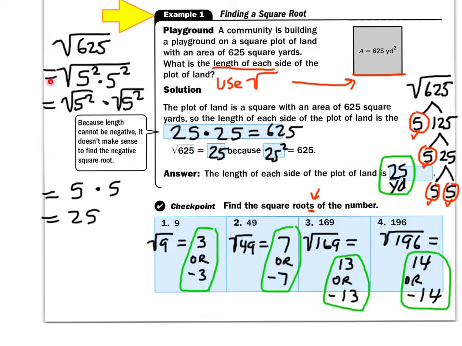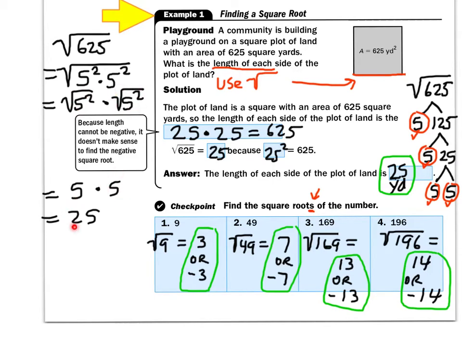So notice over here in the margin, I said, okay, the square root of 625 is the same as the square root of 5 to the second power. I just took 2 of them. 5 times 5 is 5 to the second power, times another 5 times 5. Okay, and then I break it apart. The square root of 5 to the second power times the square root of 5 to the second power. Well, you know that the square root of 25 is just 5, and the square root of 25 again is just 5.